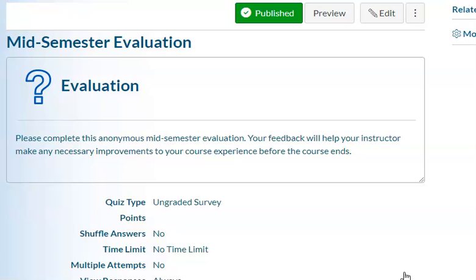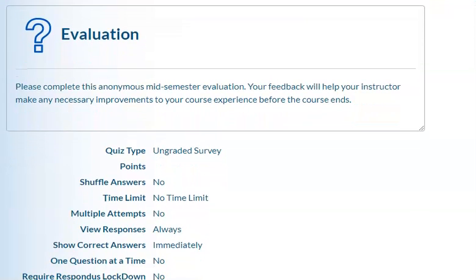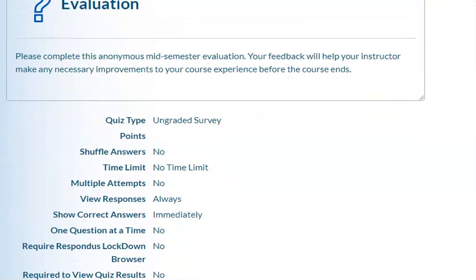I don't look at evaluations until later on in the semester. Your evaluations are anonymous. So once I look at them, if there is any adjustment that I can do in the class, I will do so.